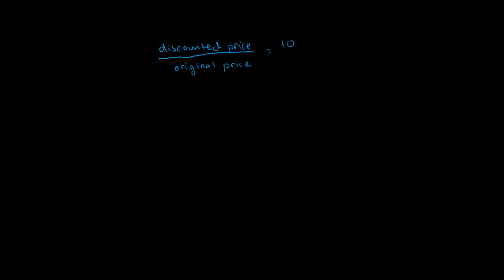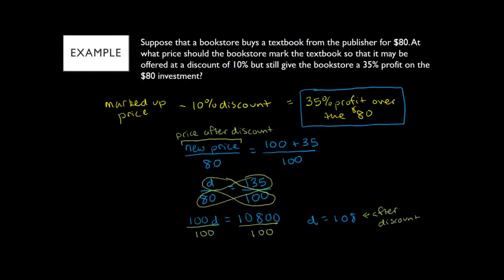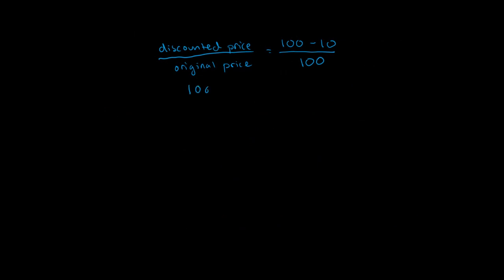And the discounted price was after a 10% discount, so I'm going to subtract 10 over 100. So our discounted price, that's what we just found, the 108. So we have 108 over, and then we're looking for the original price of what we're going to mark up the price to. So maybe I'll just use M for marked up price. And then we've got 100 minus 10, which is 90 over 100.